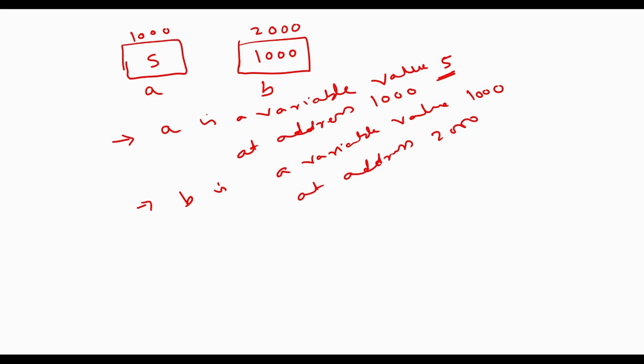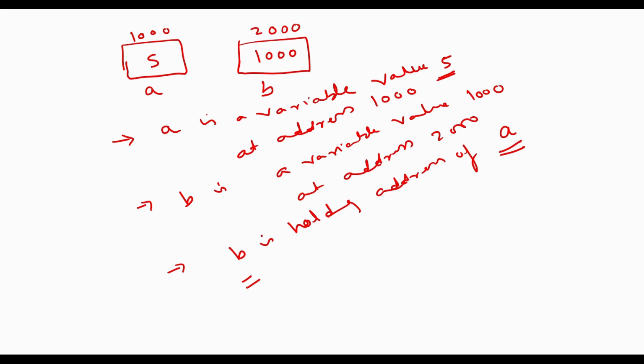Now what more can I say? I can say B is a variable which is holding the address of variable A. So A is a variable having the value 5 at address 1000. B is also a variable which is holding 1000 at address 2000.